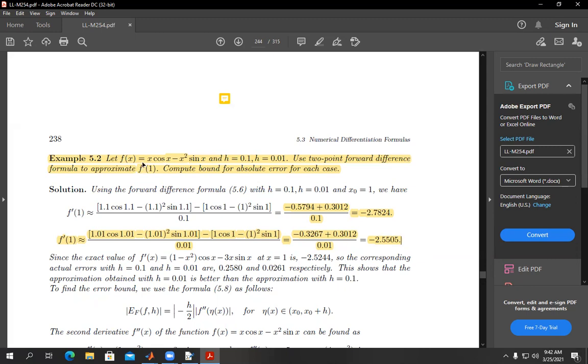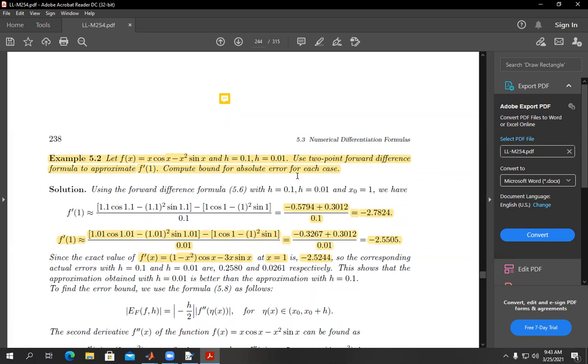So you need to find the first derivative of the function and evaluate it at the given point, which is 2.5. So you can see which one is close. The second one should be good, because in the second one we are using h equal to 0.01.